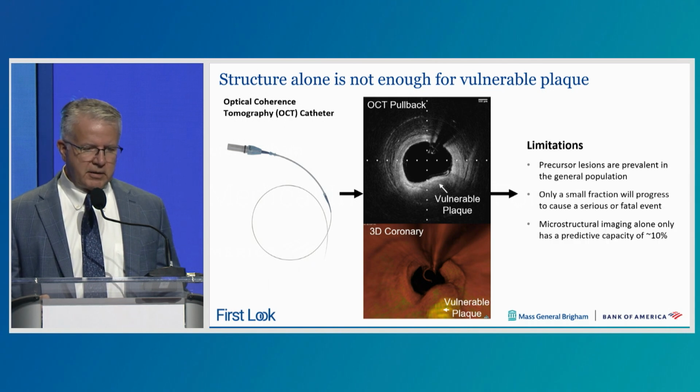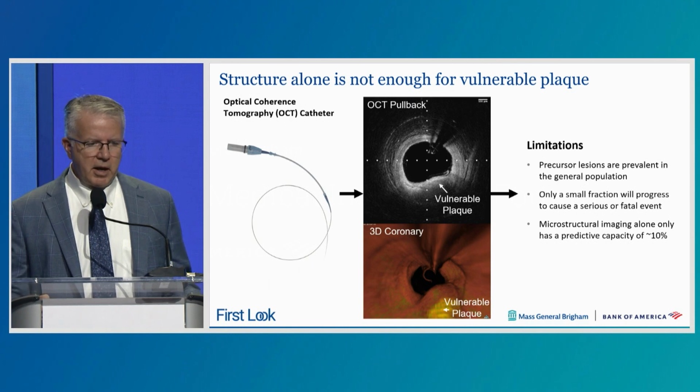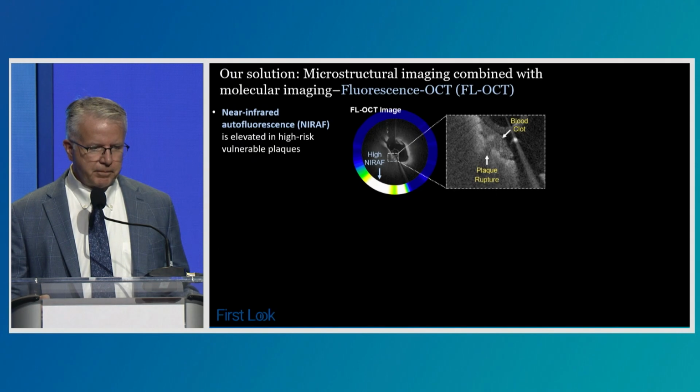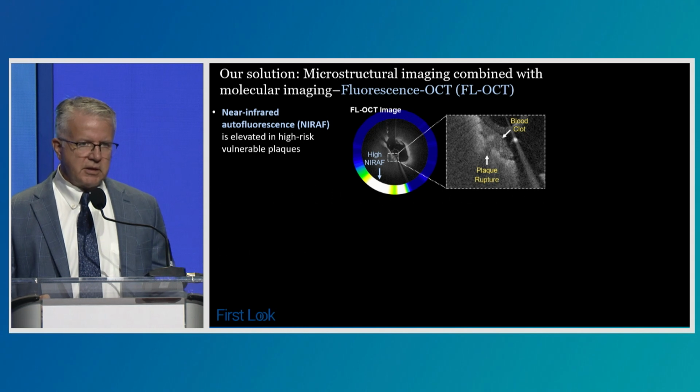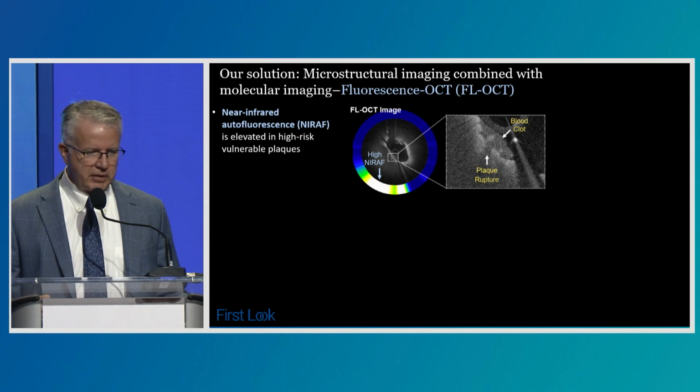But these precursor lesions are prevalent in the general population, and only about 10% of vulnerable plaques identified by OCT actually go on to cause a coronary event. So to address this problem and get more precision with respect to determination of high-risk vulnerable plaque, we've combined fluorescence imaging with OCT.